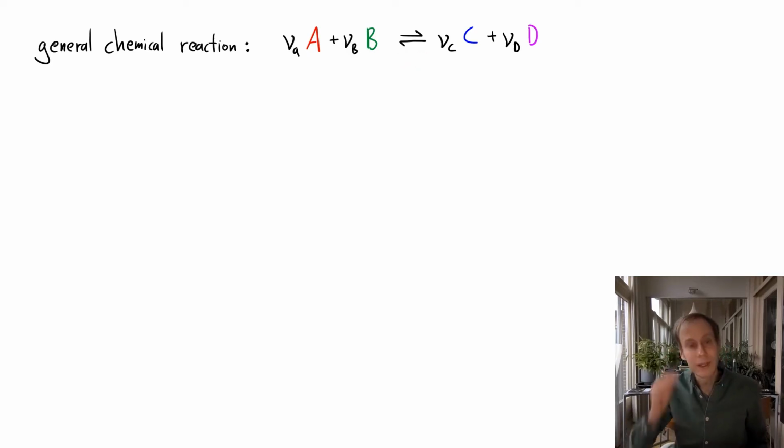Those double arrows indicate that this is a chemical reaction that is at an equilibrium state. We will find out what that means in the following.